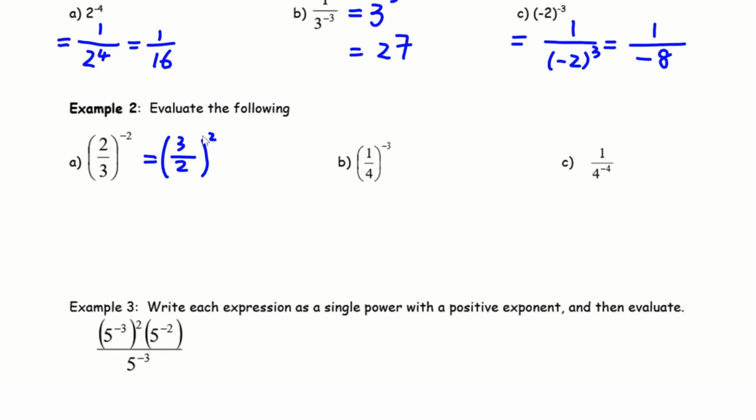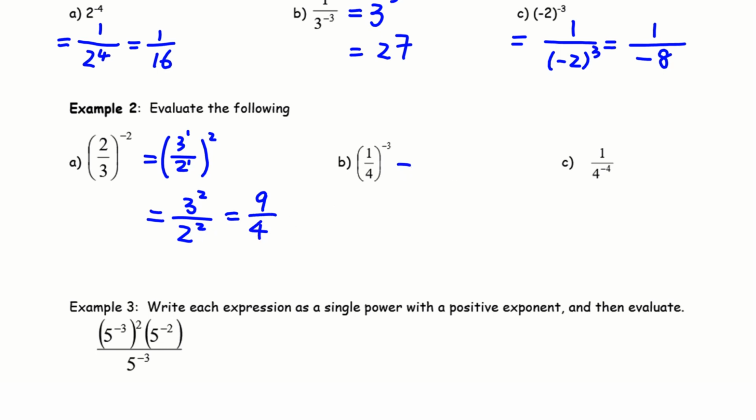Then if we apply the squared to numerator and the denominator, you will have 3 to the exponent 2 divided by 2 to the exponent 2. So by default, no degree means 1. So 1 times 2 gives you 2, 1 times 2 gives you 2. Then we evaluate. 3 squared is 9, 2 squared is 4.